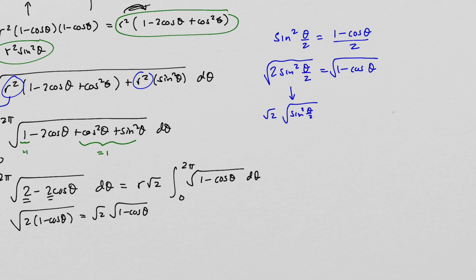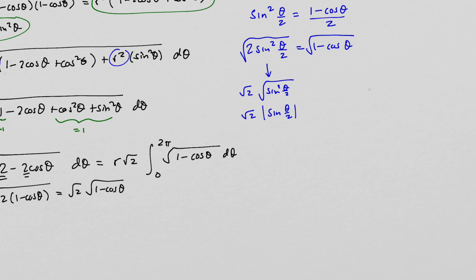Now this is where it gets a little bit tricky. The square root of sine squared of theta over 2 is the absolute value of the sine of theta over 2. So this here gets replaced with this.